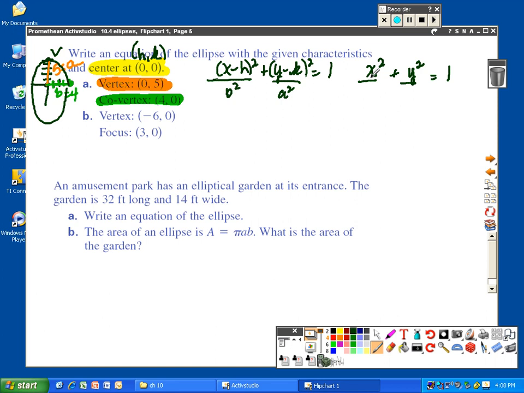B was 4, so this will be 4 squared. A was 5, so this will be 5 squared. So that gives me x squared over 16 plus y squared over 25 equals 1. There's my equation for A.